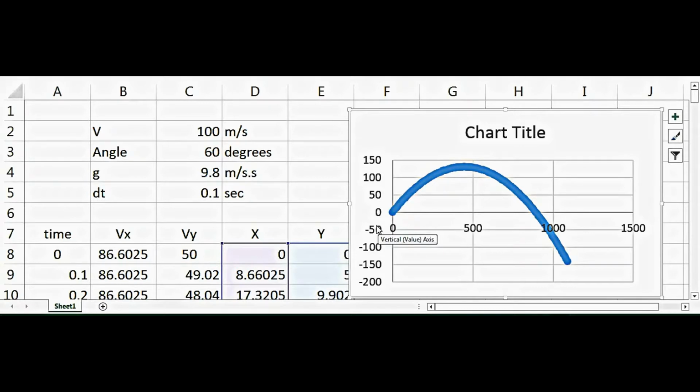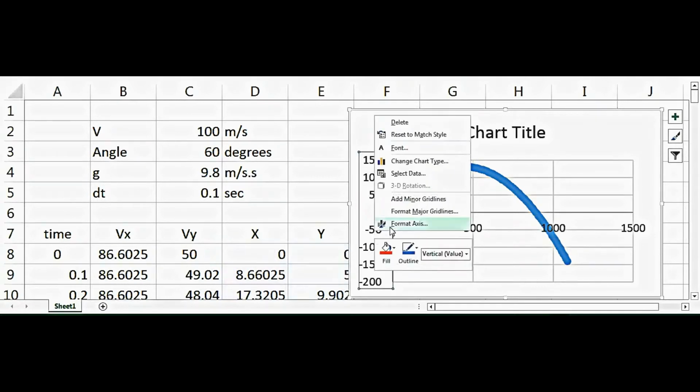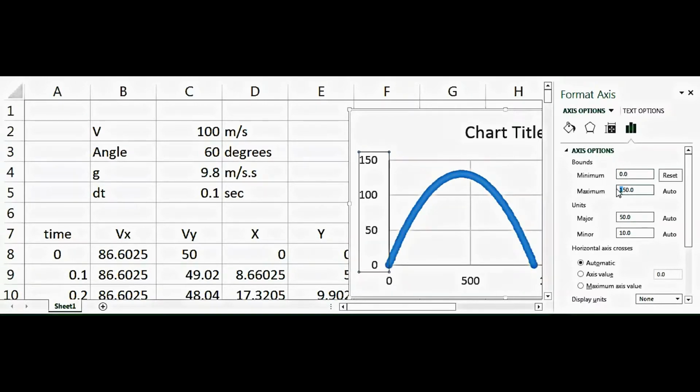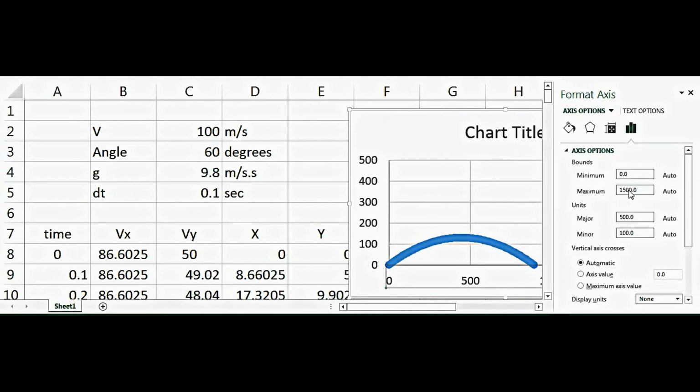For that I can format the axis and set the minimum to be 0 and the maximum, let's do 500 here. I have to see what the range of the simulation is. And the same way for the y, let's fix it to 2500. And now you can see that this is the trajectory of the ball.